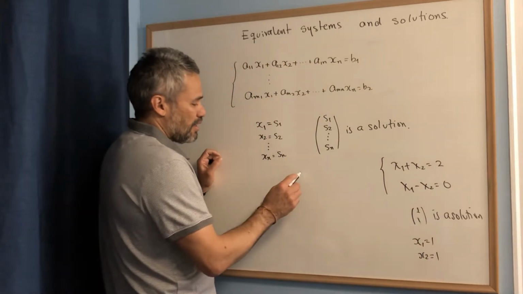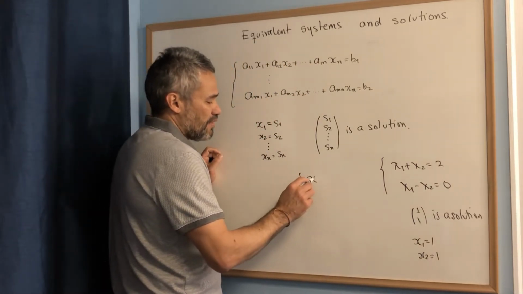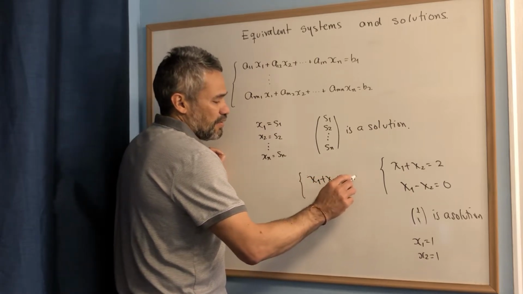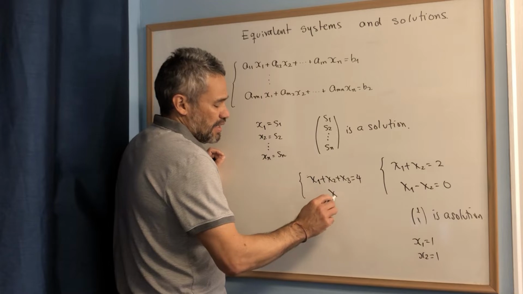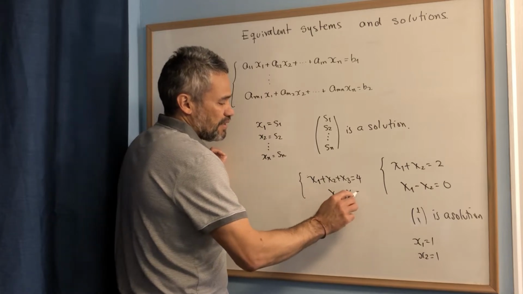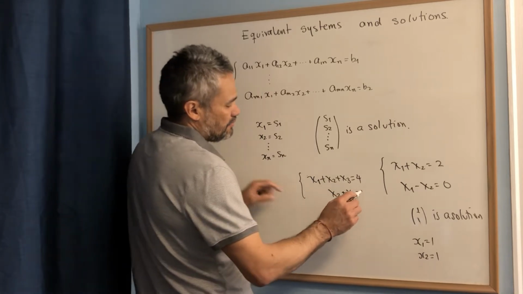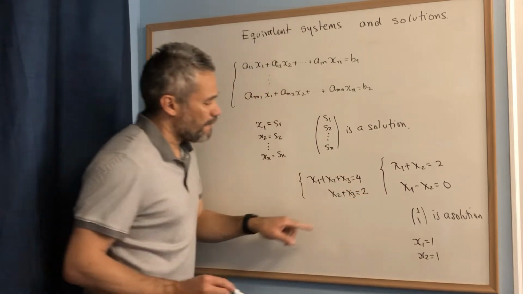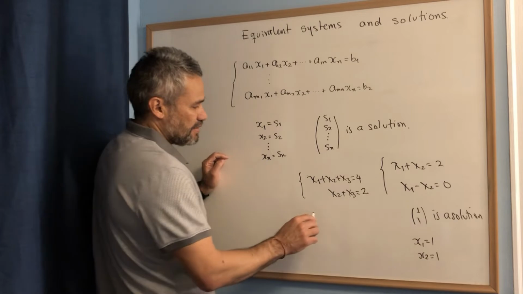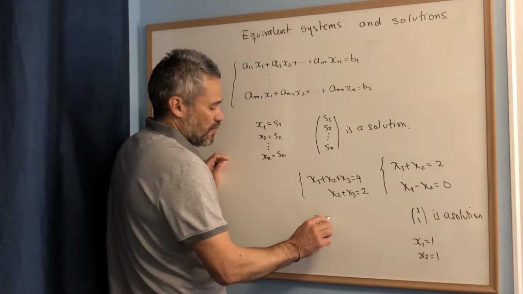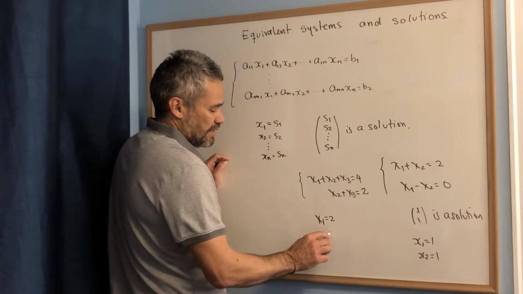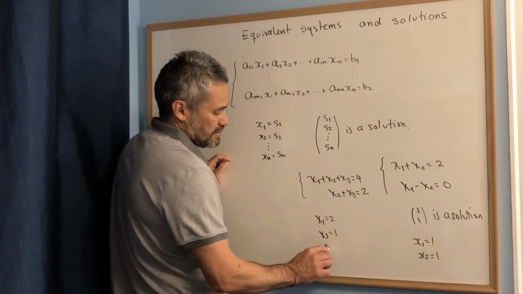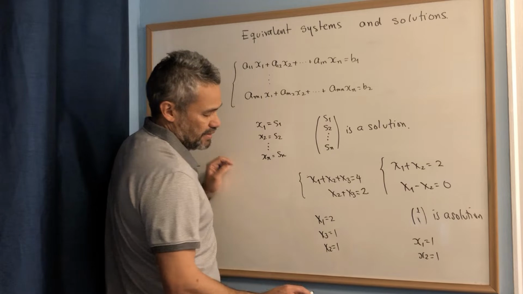Let me do another example. If we have x1 plus x2 plus x3 equal 4 and x2 plus x3 equal, let's say, 2, then we have that x1 equal 2, x3 equal 1, and x2 equal 1 is a solution.